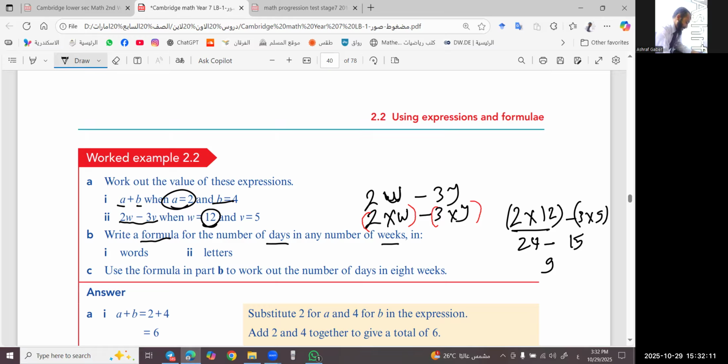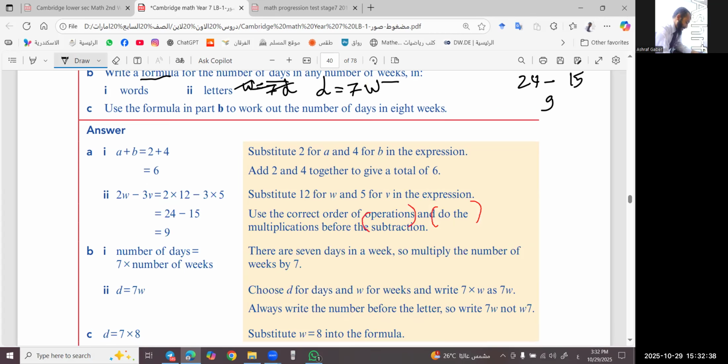Okay? Here in this exercise, write the formula for the number of days in any number of weeks. Words and letters. How can we write it as words? The number of days in a week equals 7. But in letters, we can write days equals 7 times weeks.